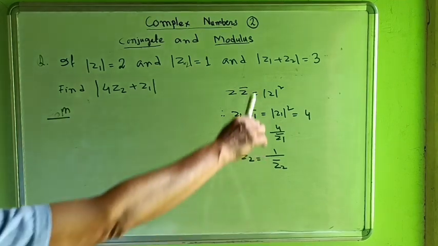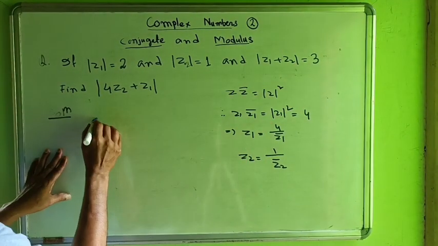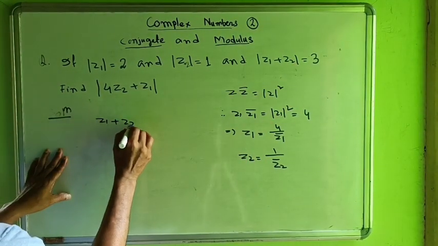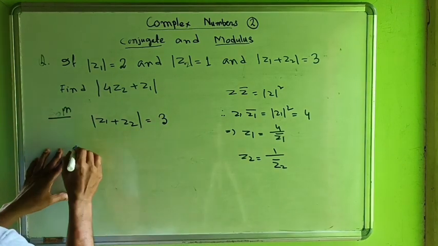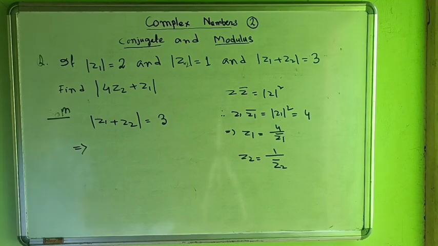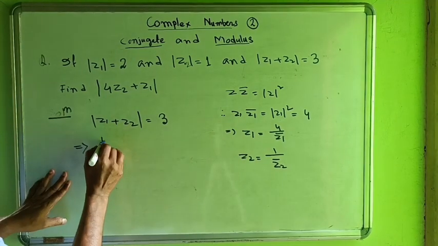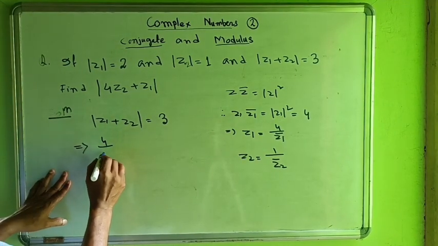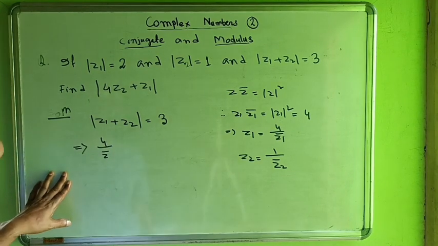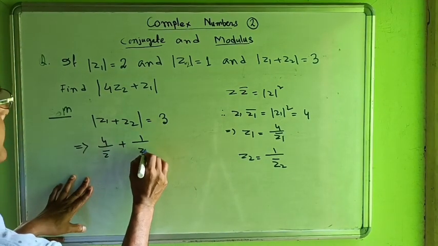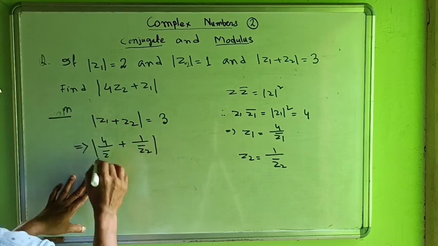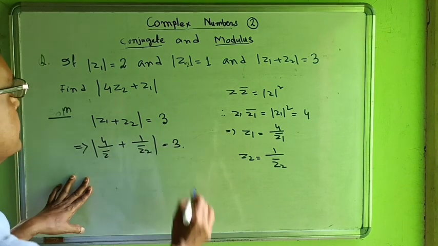Since we are given that mod of Z1 plus Z2 is equal to 3, this can be written as mod of 4 by Z1 bar plus 1 by Z2 bar is equal to 3.